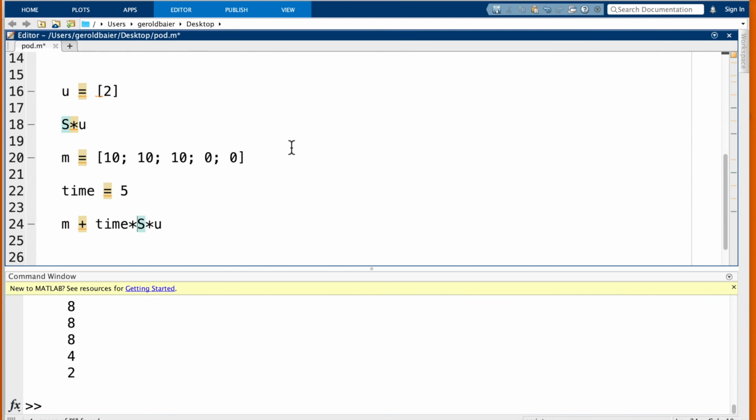So the update would be initial vector plus time times S times U. So what happens if we let the model run 5 time units? The result is given here in the command window. We have consumed all of the substrate molecules and we have gained 20 molecules of water and 10 of NAD+.